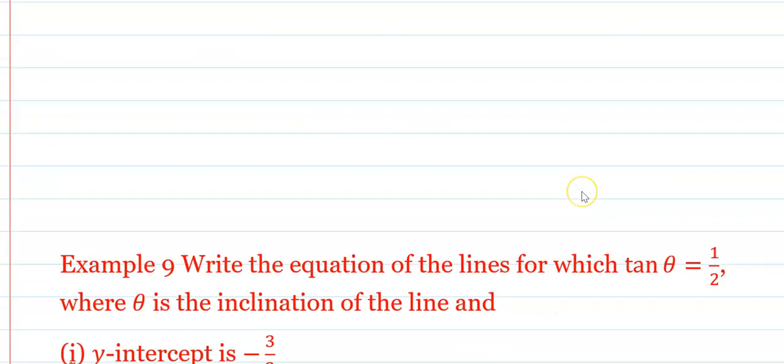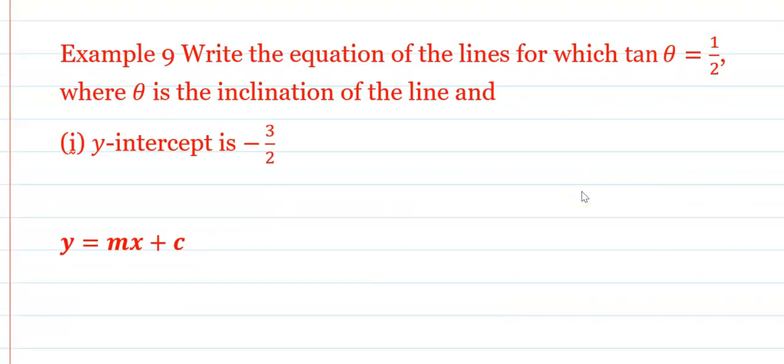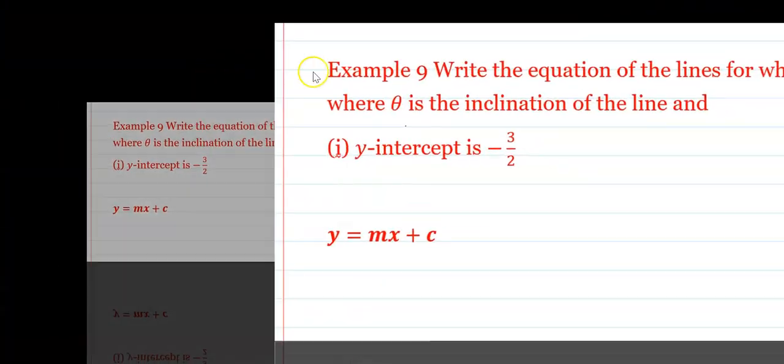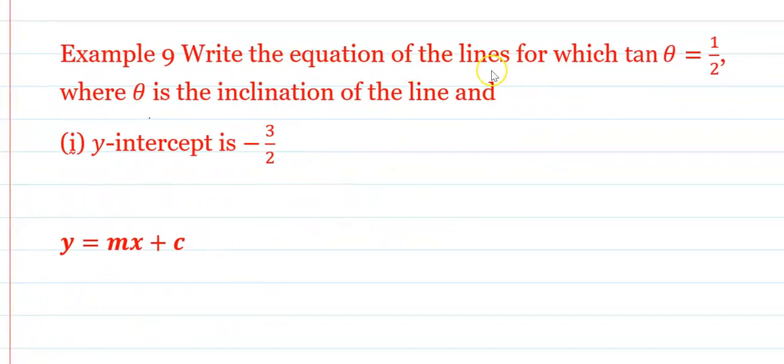Now the next is, write the equation of the line for which tan theta is equal to 1 upon 2, where theta is the inclination of the line and the y-intercept is minus 3 by 2.